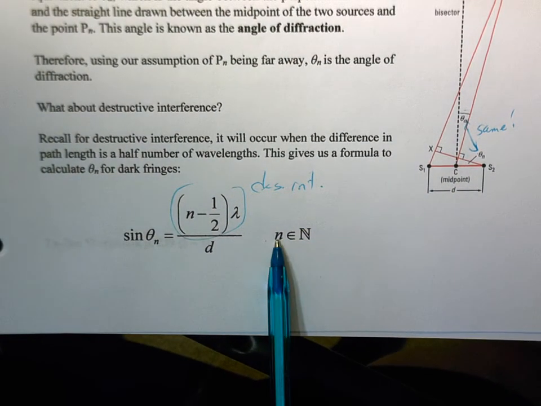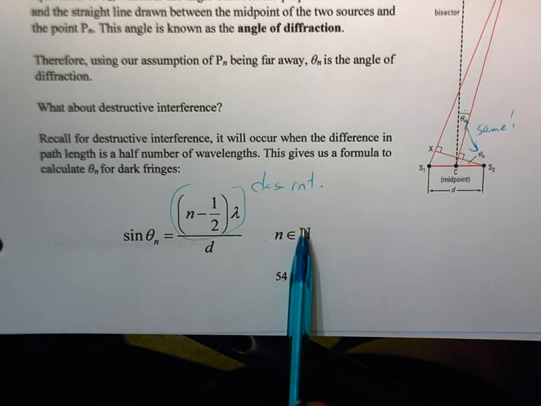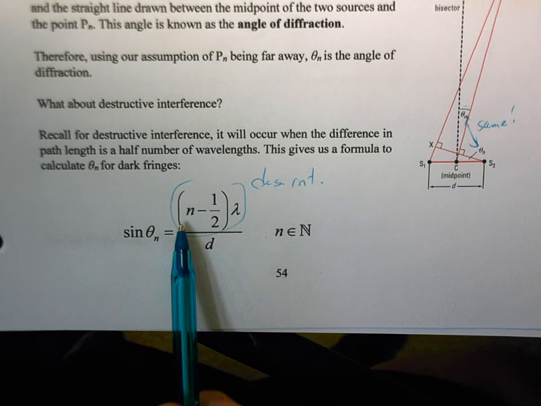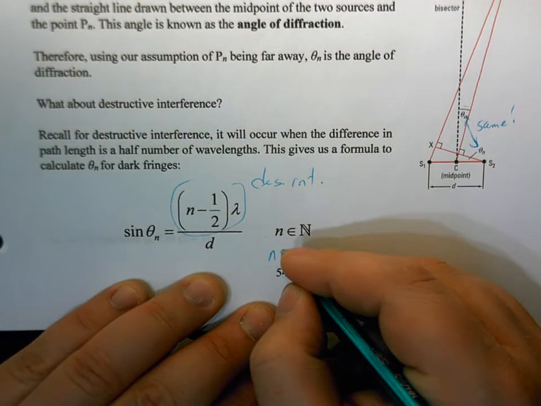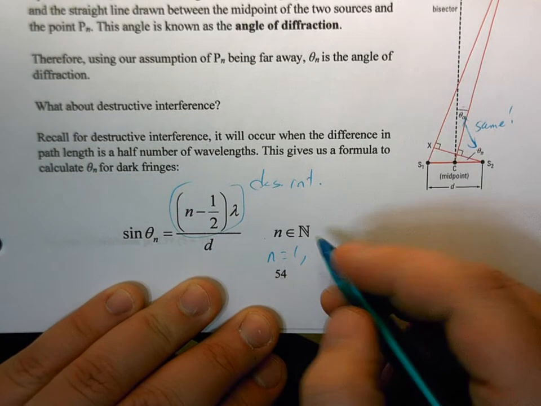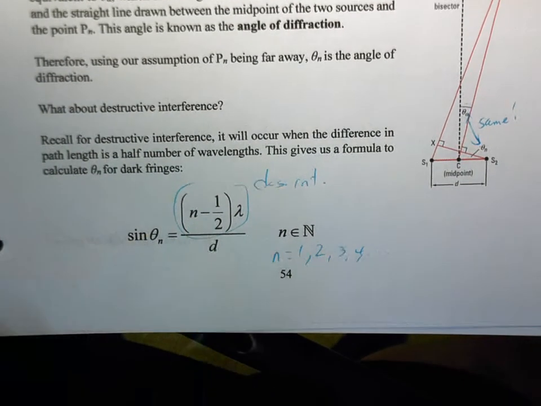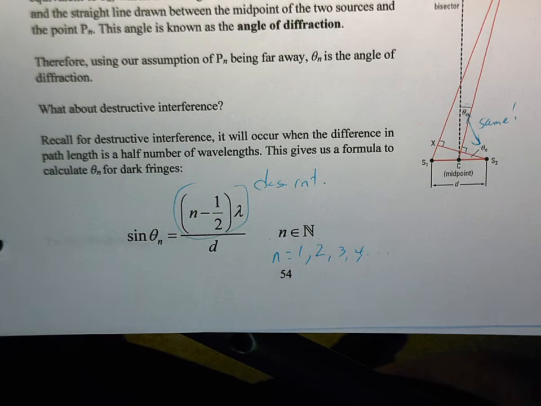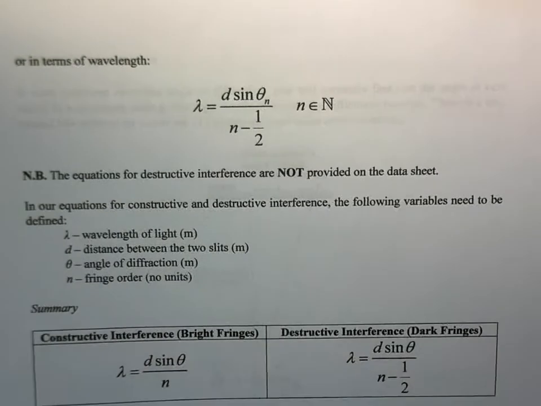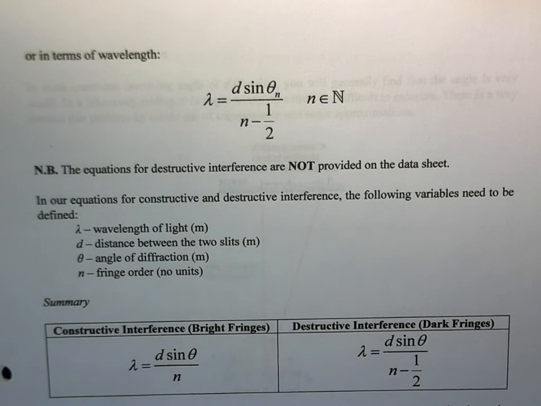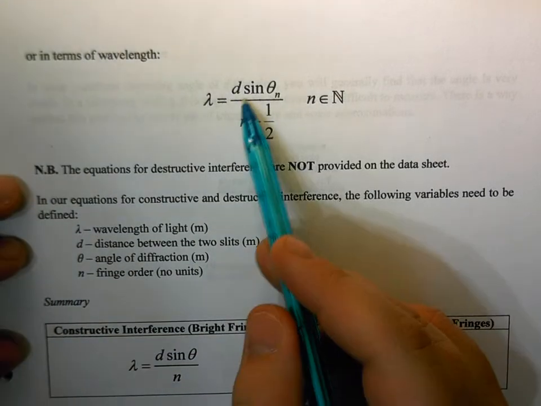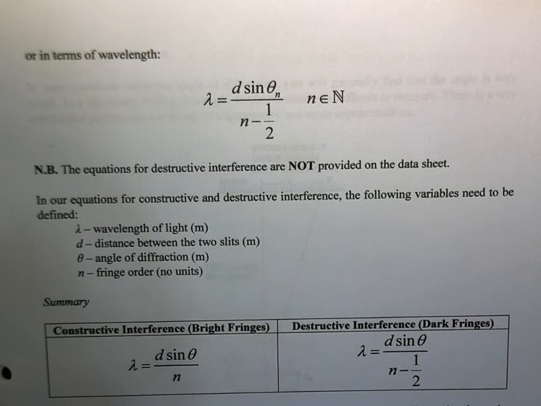You'll notice this time though I've set n belongs to the set of natural numbers. In this case we're doing destructive interference, we don't want n equals 0, we want n equals 1, 2, 3, 4, and so on. But that's how we get our equation for destructive interference. Or if you'd like to put it in terms of the wavelength, lambda equals d sine theta over (n minus 1/2).